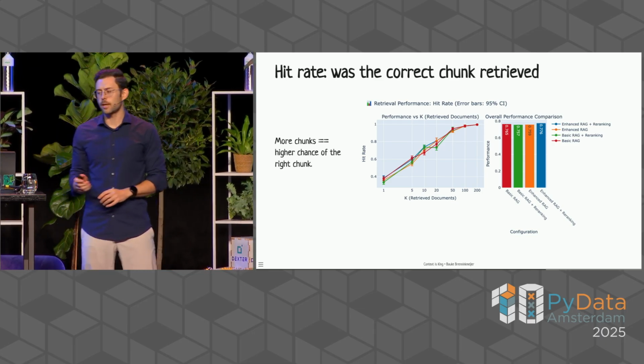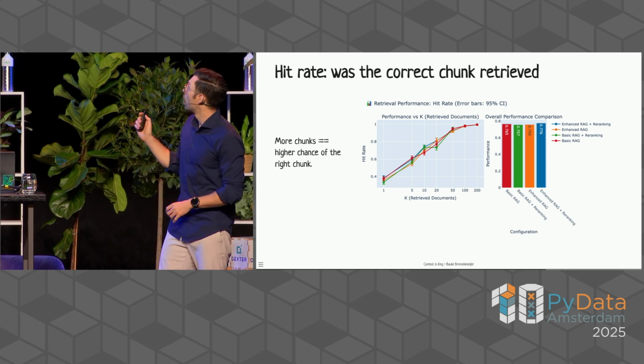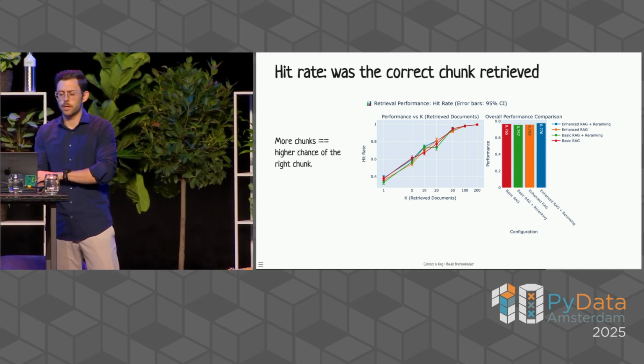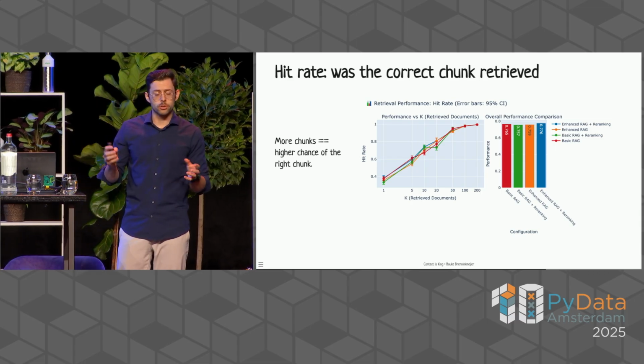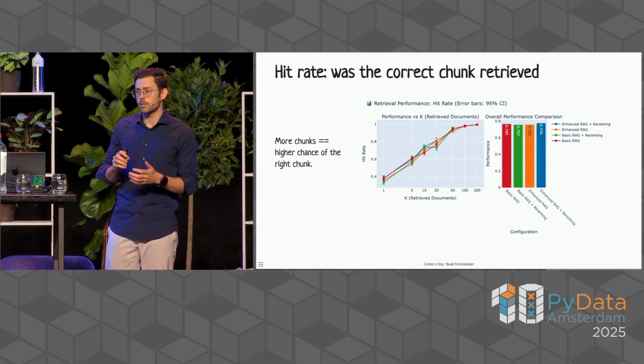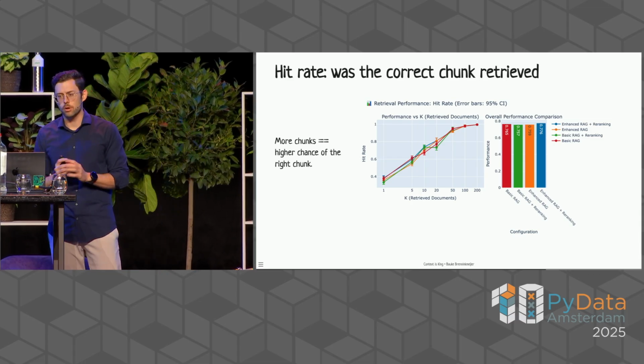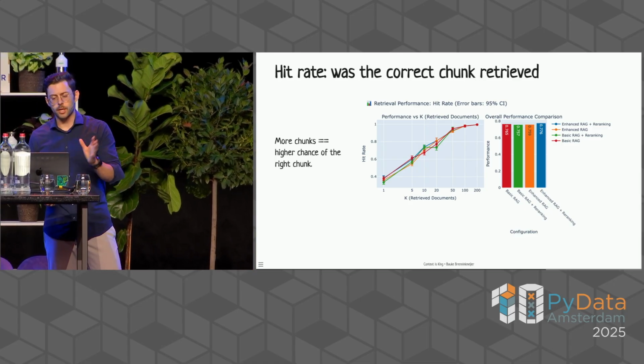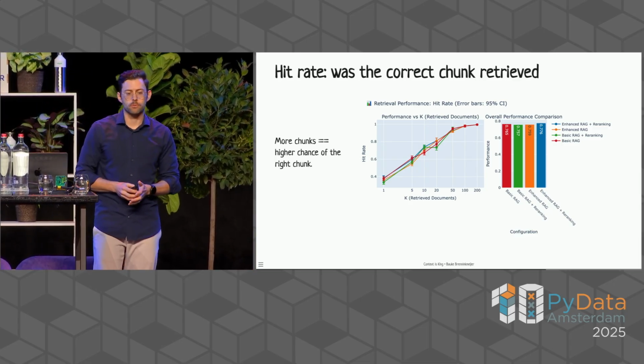You can see that steadily rise, and it flattens at about 50, which I thought was pretty late, because the number of chunks in these documents is on average about 200. So it's almost a quarter. More chunks means a higher chance of the right chunk.